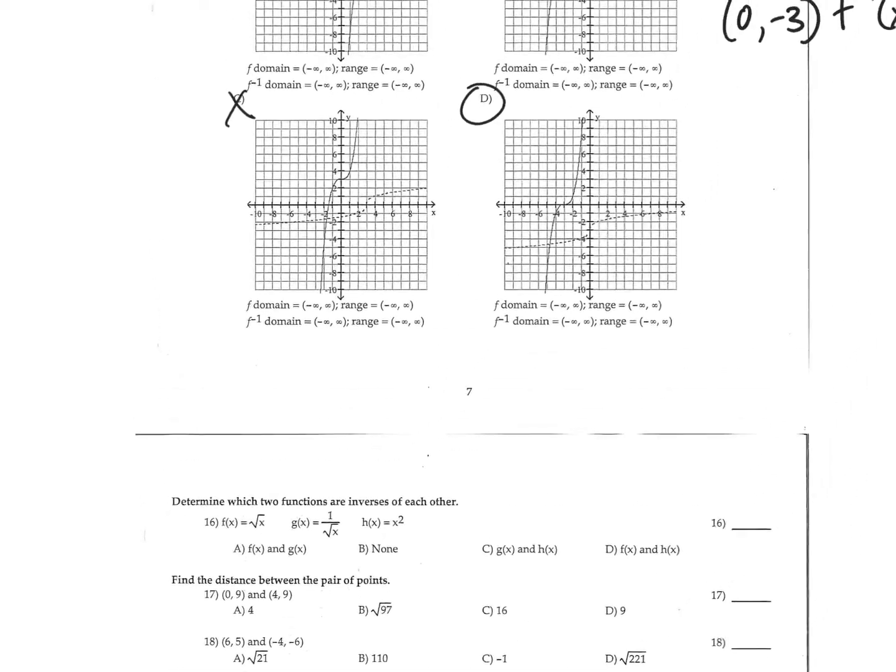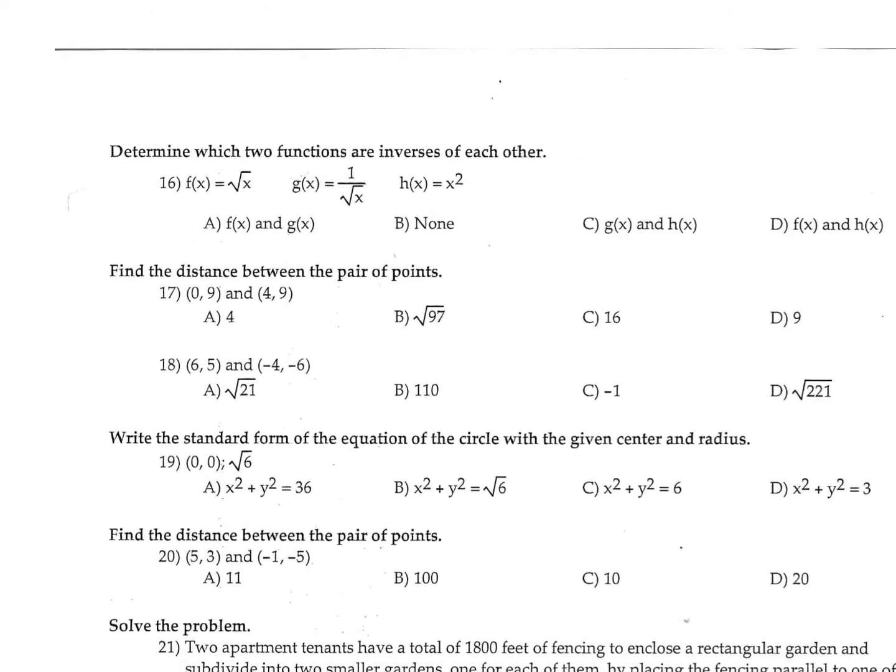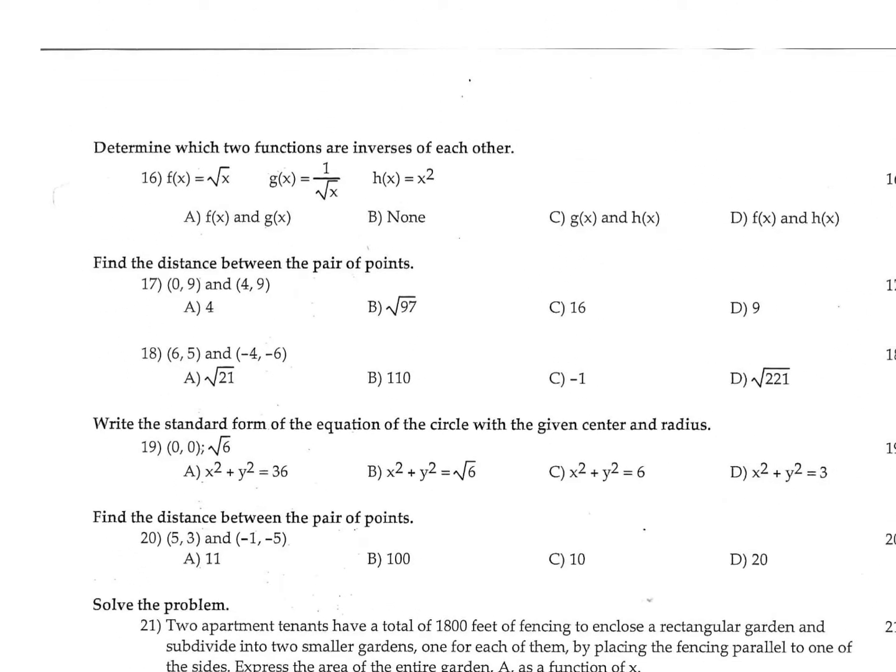Moving on to number 16. They're again asking us which two functions are inverses. I have the square root of x. I have 1 over the square root of x and x squared. Well, looking at these two functions, I know that a square root undoes a square, which means that f and h are inverses.